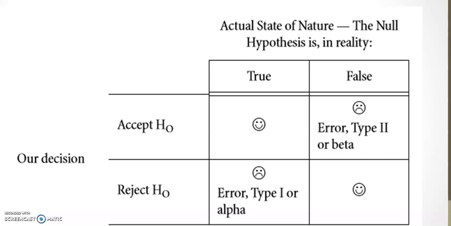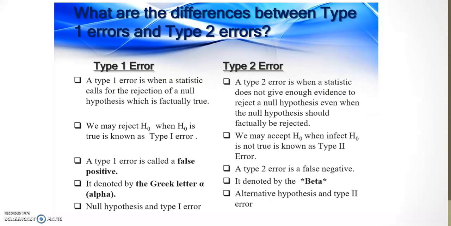Reject H0 when it is true: this is not the correct decision, so it results in type 1 error or alpha. Reject H0 when it is false: that is the correct decision. So when taking the decision, the researcher should be very careful. They try to avoid type 1 error and type 2 error.